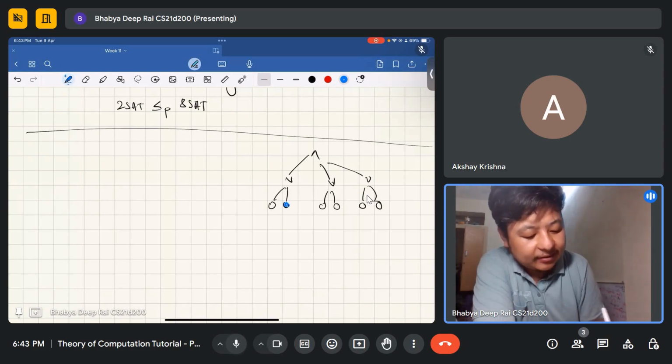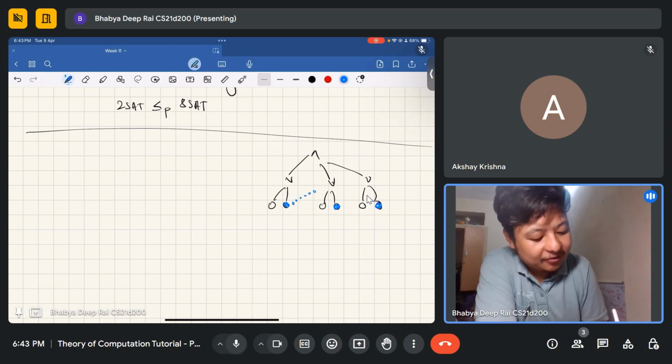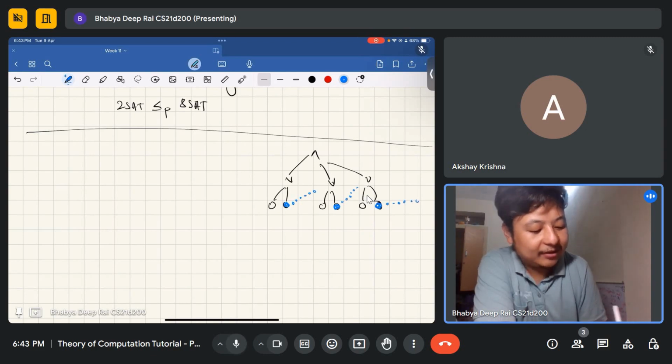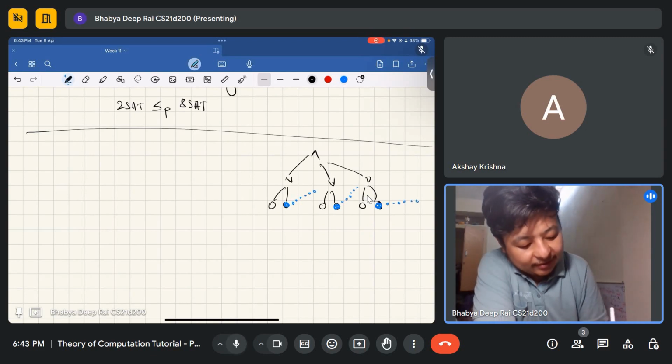I'll pick any literal from them, here again choosing the last, and duplicate it 6 times. Again I duplicate this 6 times, and this 6 times. Then that feeds into the OR gate.